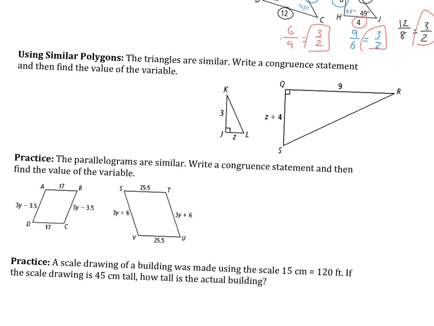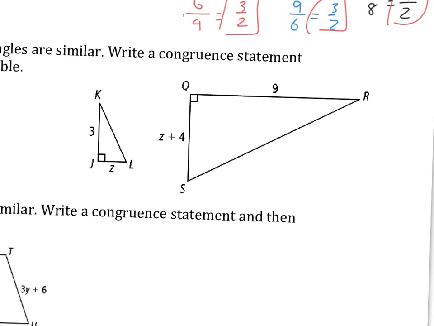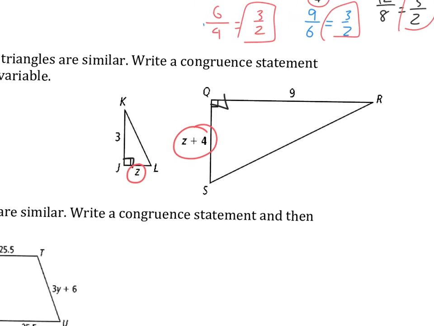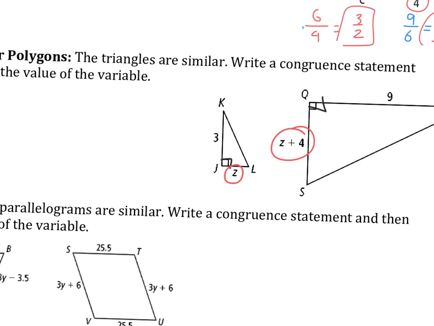What we're going to do now is start comparing things. Notice my right angle is at J, and my right angle here is at Q. So that means Z is going to correspond to the Z plus 4. So there's one fraction: Z over Z plus 4. Next, the next fraction is going to be the middle length, or the leg that's longer. The 3 compares to the 9.